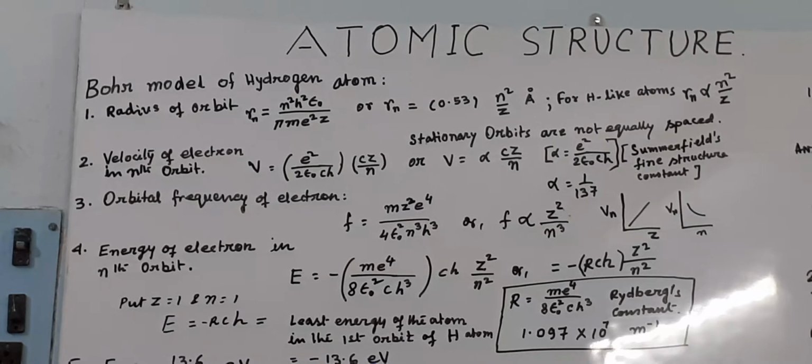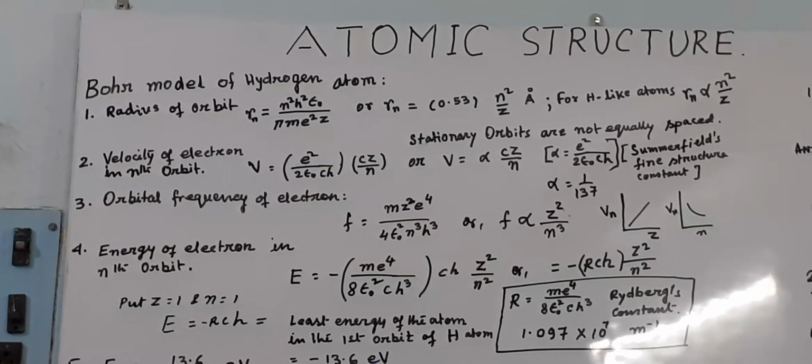Number 2, velocity of electron in the n-th orbit, v equal to e square by 2 epsilon naught h into cz by n, or v can be simplified to alpha cz by n, where alpha equal to 1 by 137, and it is called Sommerfeld's fine structure constant. It is a constant.